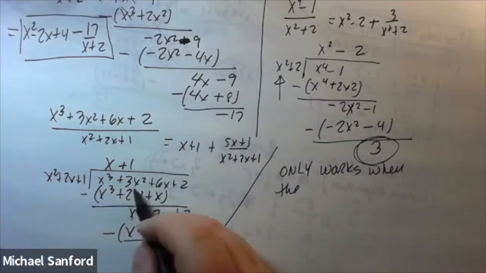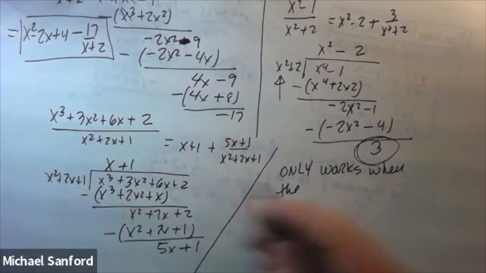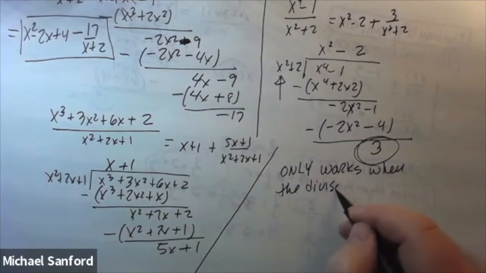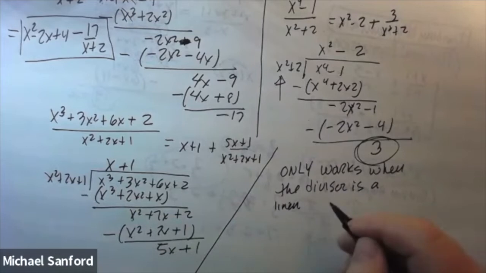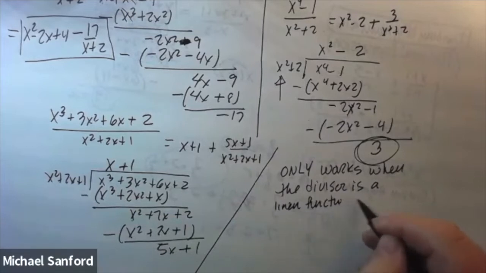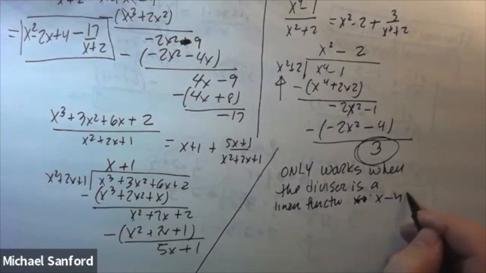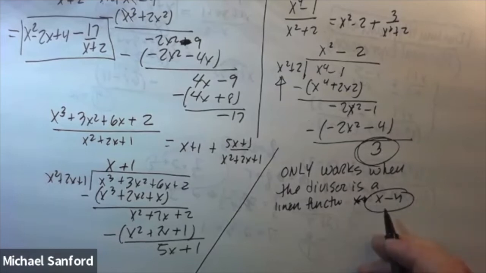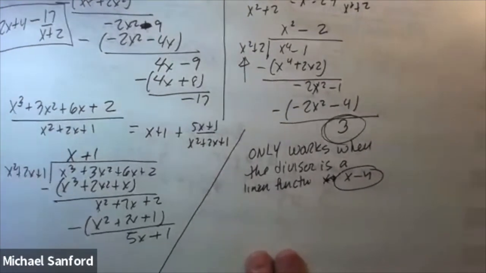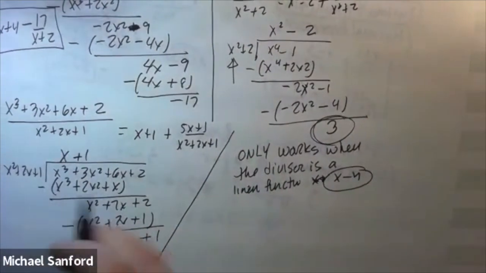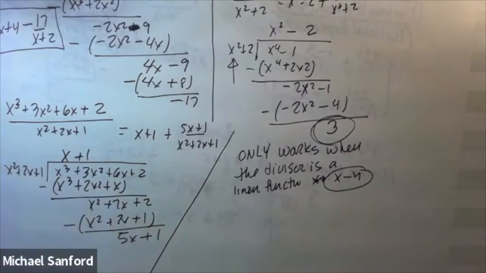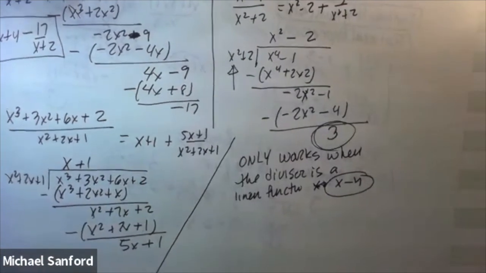I think that's what it's when. So this only works when the divisor is a linear function, x minus h, like this. So it has to have a 1 in front of it, but that's easy to fix up. We'll do some of those. So it has to look like this. You can't divide in things of higher degree. So that you have to be careful with.